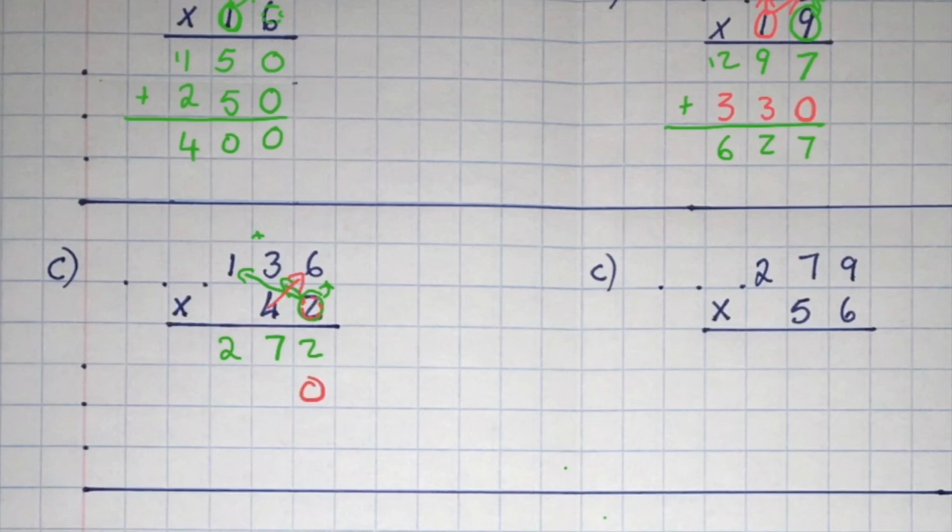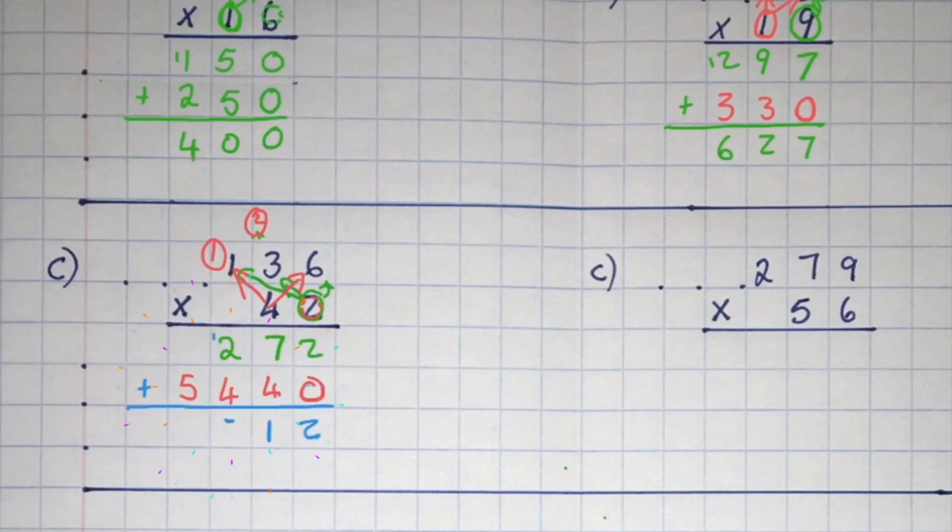Start back in this direction. 4 times 6 is 24. Carry the 2. 4 times 3 is 12. Add this 2 to give you 14. 4 times 1 is 4, plus the carry is 5. And now we add. So we get 2, 11.